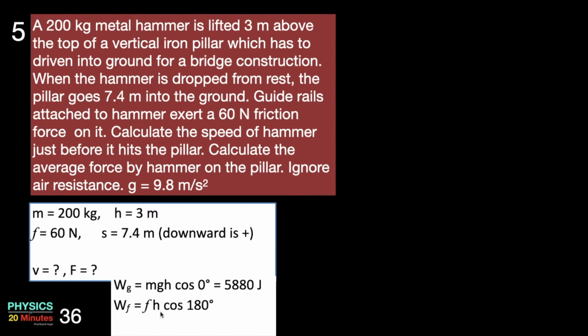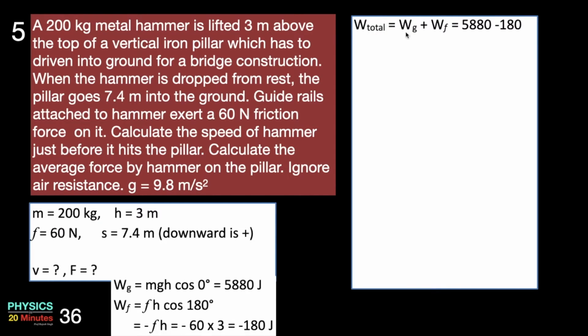So cos 180, that is going to be minus 180 joule after substitution. So the total work done on the hammer would be the sum of the two, work done by gravity plus work done by friction. That turns out to be 5700 joule. Therefore, total work done is final kinetic energy minus initial kinetic energy.